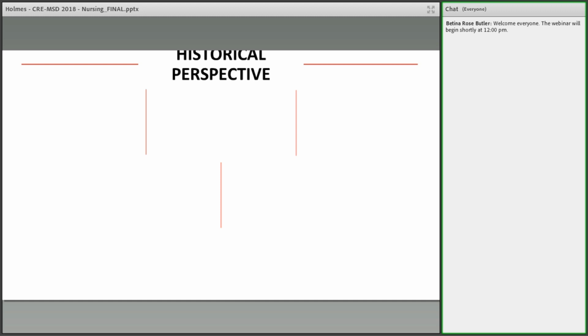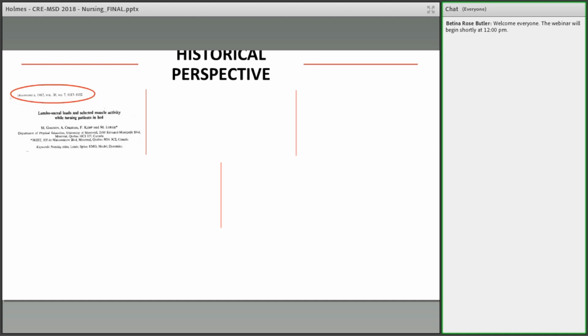If we could give just a bit of a historical perspective for a second, we can go back probably even further than this, but in this case, this is work from Gagnon and a group out of Quebec back in '87. They started to quantify spine loads during patient transfers.